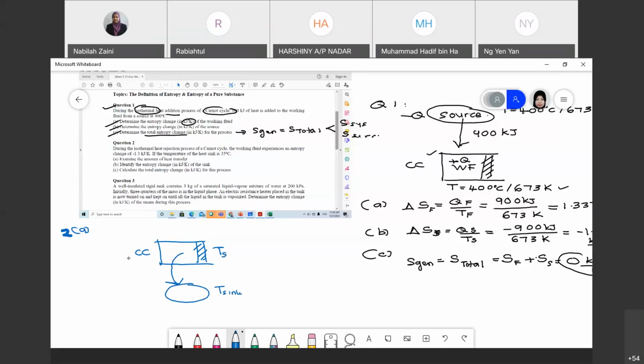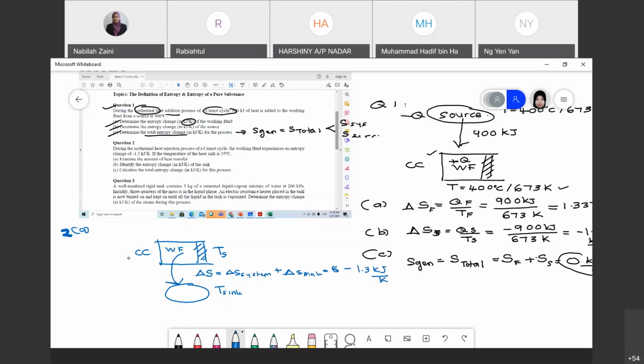Okay, the working fluid in the Carnot cycle experiences an entropy change between the system and the sink of about negative 1.3 kilojoule per Kelvin.